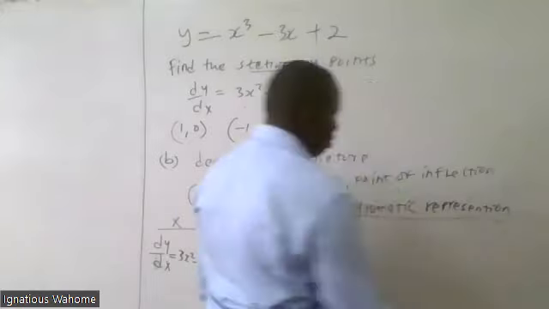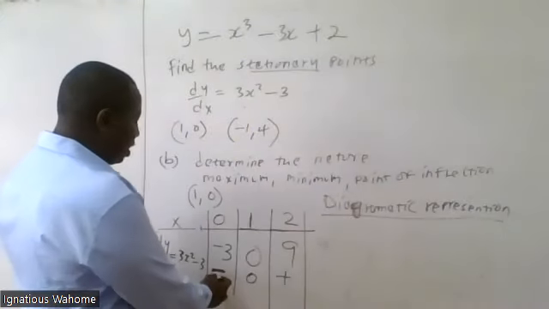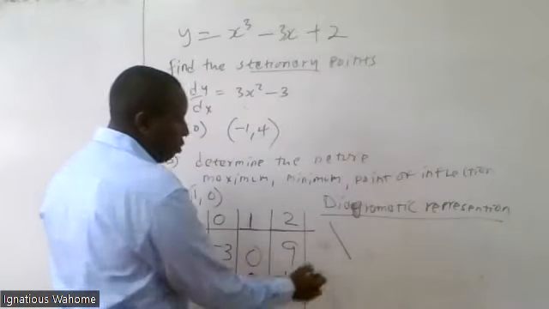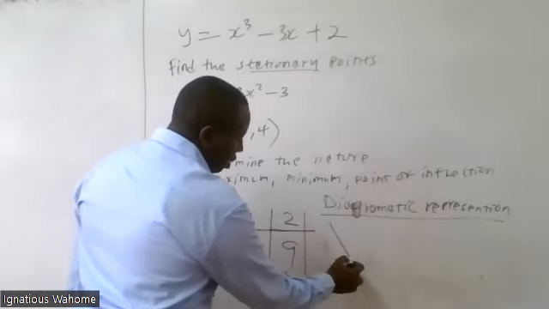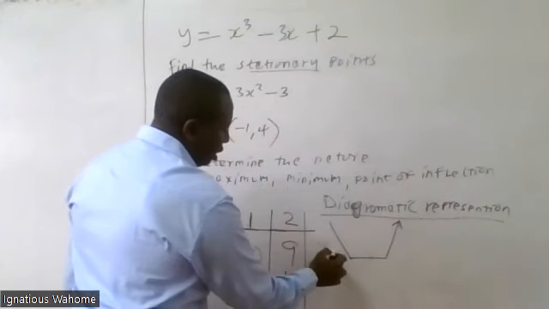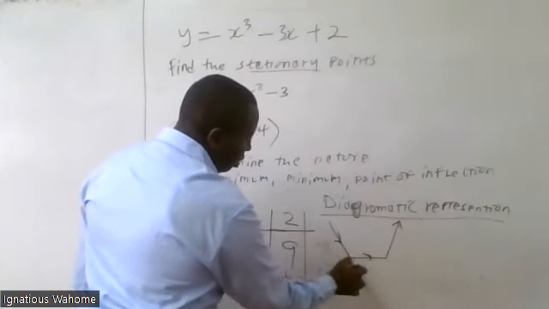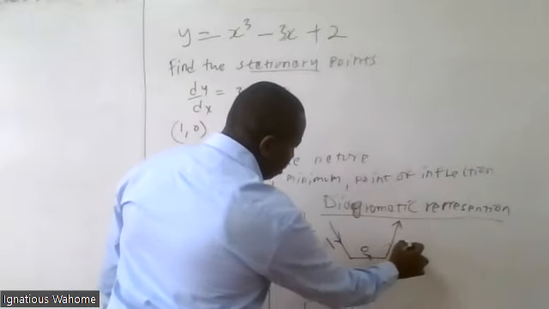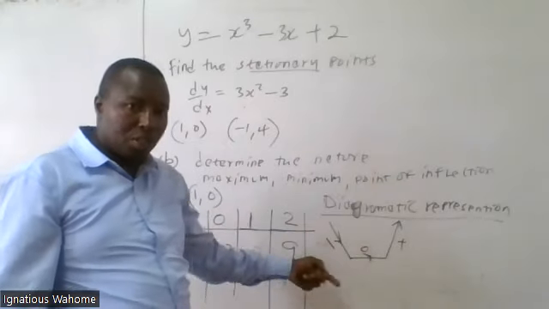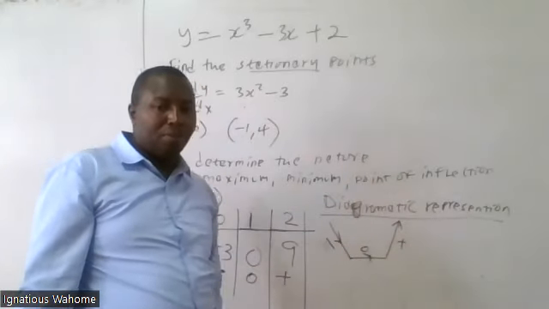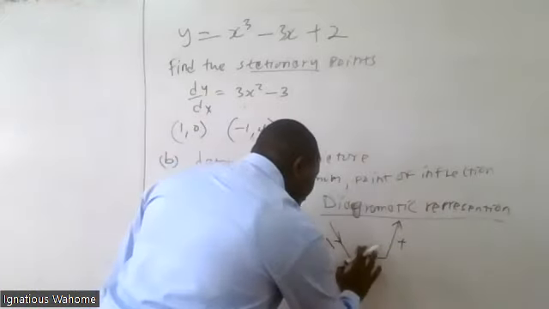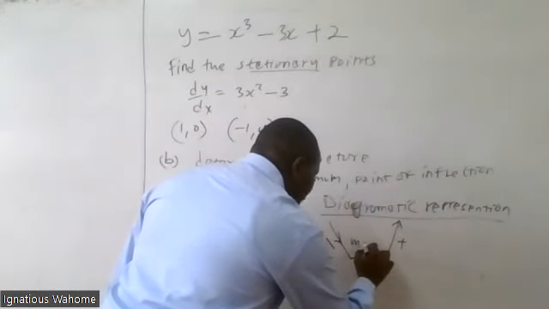When it is negative, it is like moving downward. Then it goes to 0, then starts going upward. So there's negative, 0, and positive. While this gradient function is moving from a negative value, to 0, then to a positive value, this point here, we say it is a minimum point.